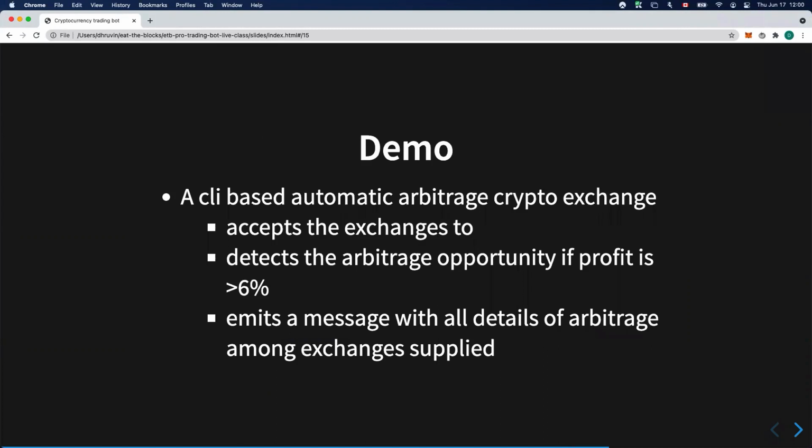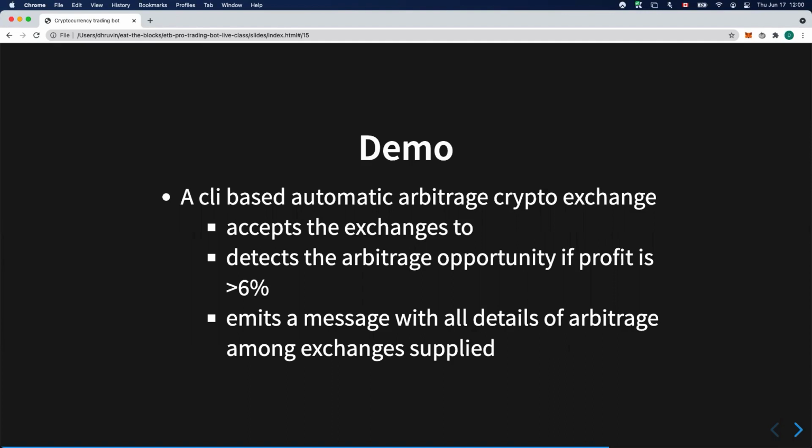Now, before we jump into the demo, I'm just going to give you a brief about what this demo is going to do. It's a CLI based, automatic arbitrage crypto exchange bot. As a CLI argument, it is going to accept all the exchanges. It is also going to detect if there is any trading arbitrage opportunity where you can make a profit greater than 6%.